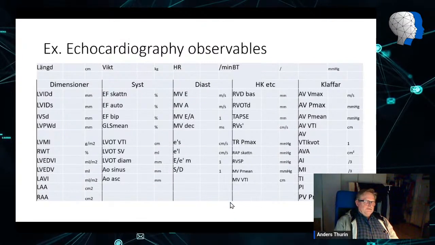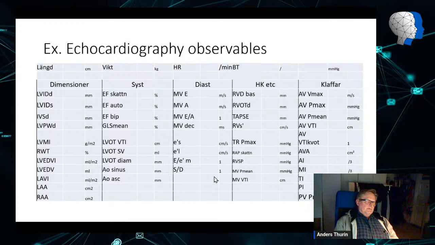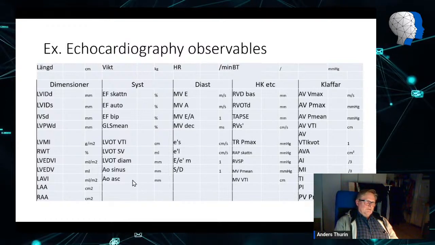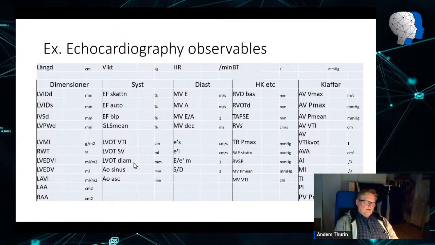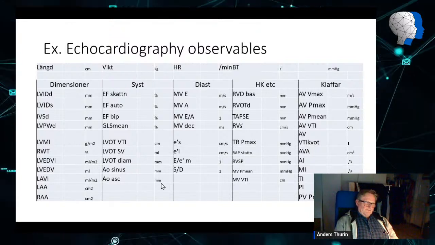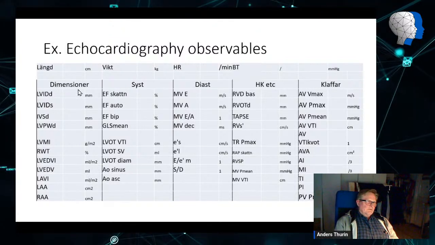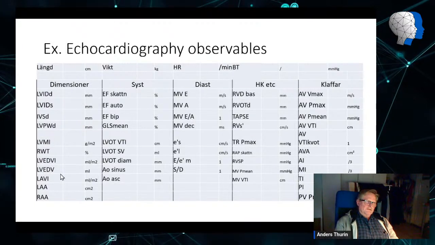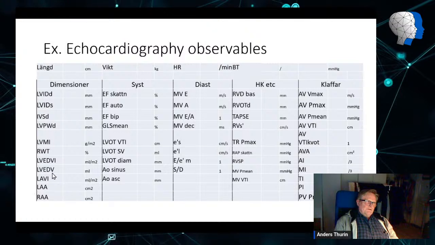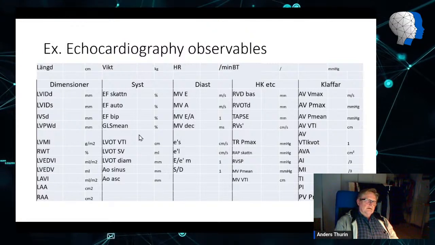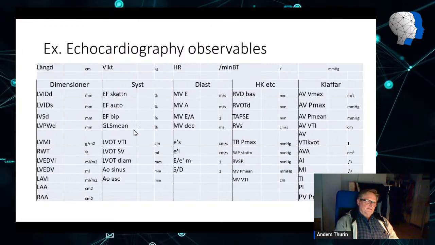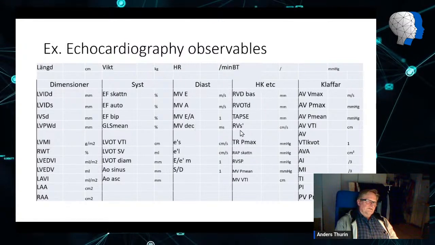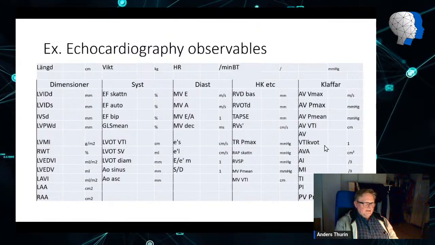This is just to show an example of what observables we have in an echocardiography exam. That's ultrasound of the heart, where we have different dimensions of parts of the heart: the atria and the left ventricle, systolic function and diastolic function, and right ventricle and valves.